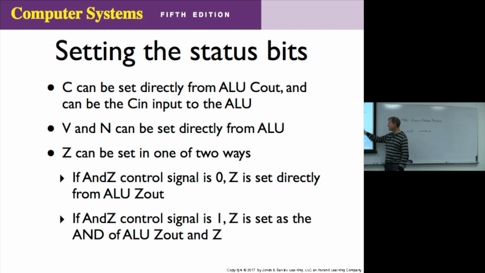And what does V stand for? What is the V bit used for? Overflow. That's signed integer overflow. And V can be set from where? Where does V get its data from?